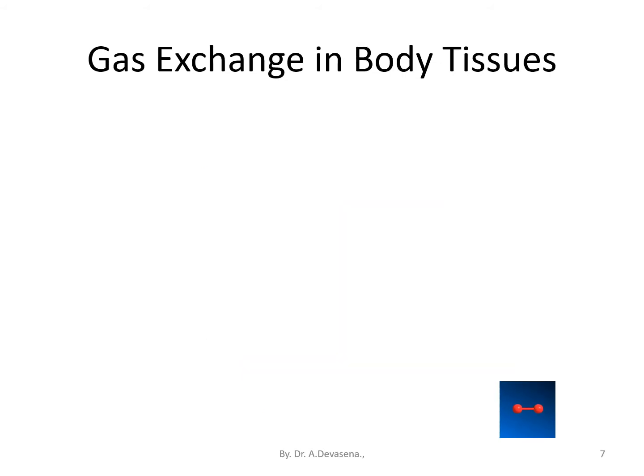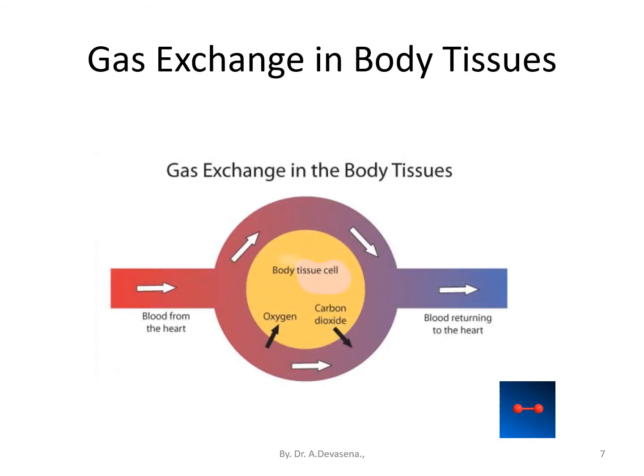Gas exchange in body tissues. Here we are going to see how the gas exchange takes place in body tissues. Blood is carried from the heart. It comprises a rich amount of oxygen. That blood is passed to the body tissue cell. In the body tissue cell, carbon dioxide is present.